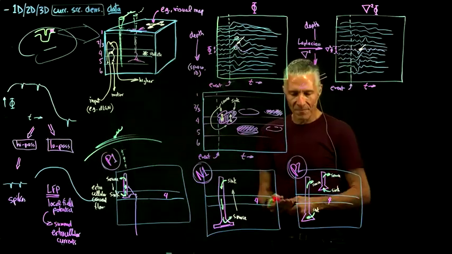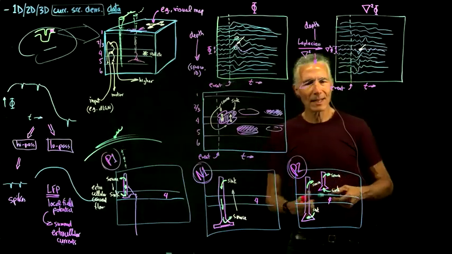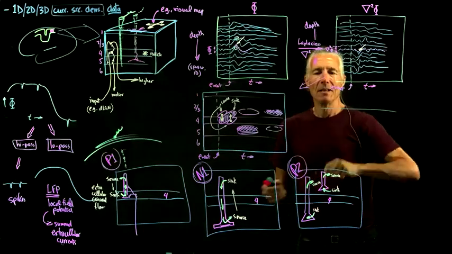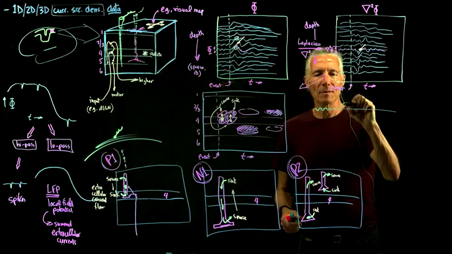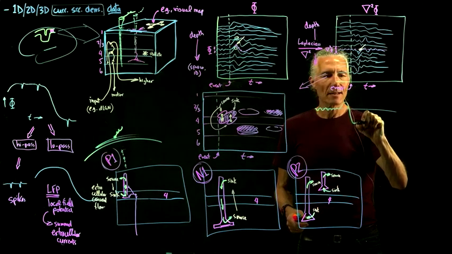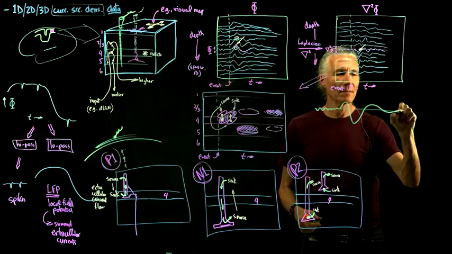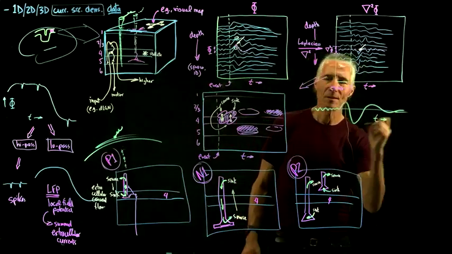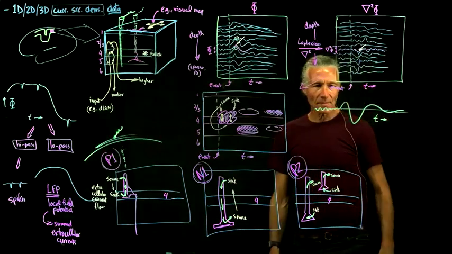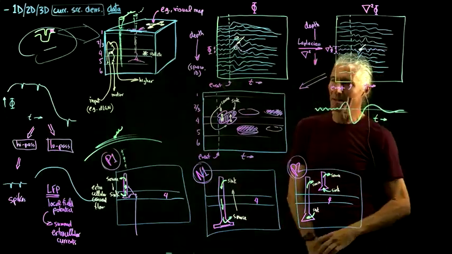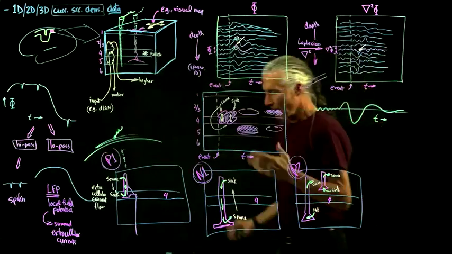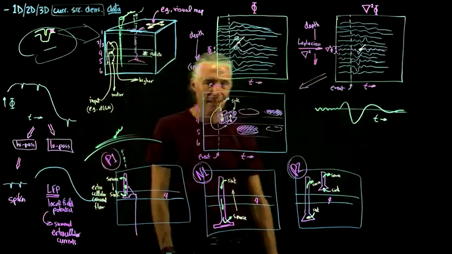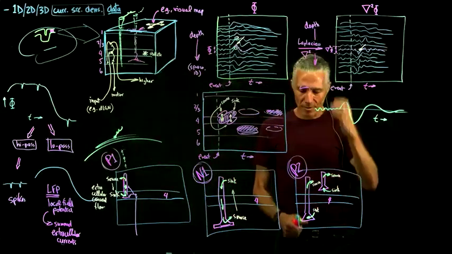So you end up with a classic evoked potential picture: we've got a signal about 0, and then we start with a positive, and then you end up with a negative one, and then a positive one, might even go back and forth again. That's your typical evoked potential signal from a cortical area. And it's all based on a 1D current source density, 1D Laplacian, 1D second spatial derivative.